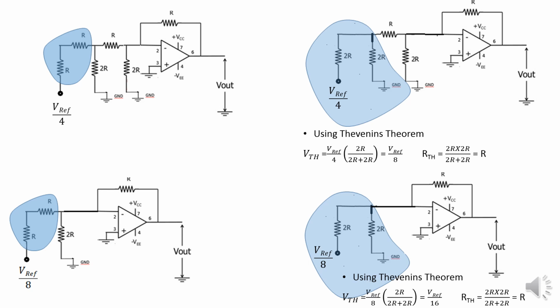Okay, using Thevenin's theorem, VTH, V reference by 8, is the applied voltage here, and the resistors are two 2R's connected in parallel. Hence the VTH is V reference by 8 into opposite resistance by total resistance. So that is V reference by 16. That is the VTH obtained from this circuit, and RTH is, as usual, R.